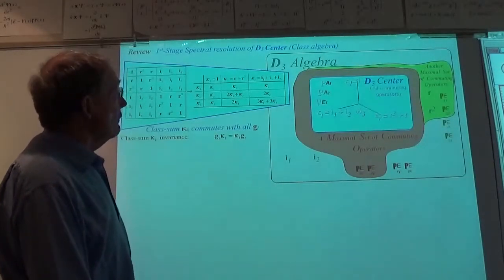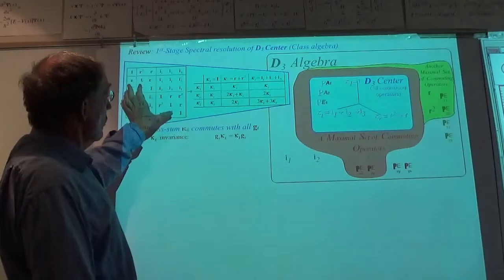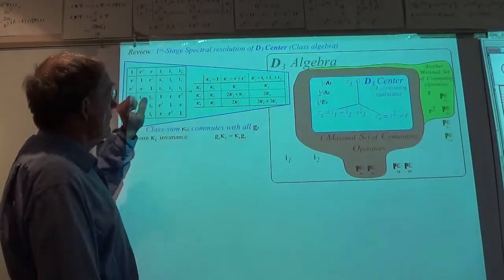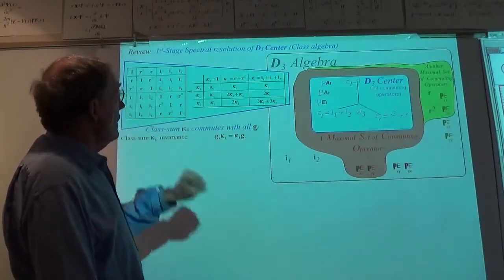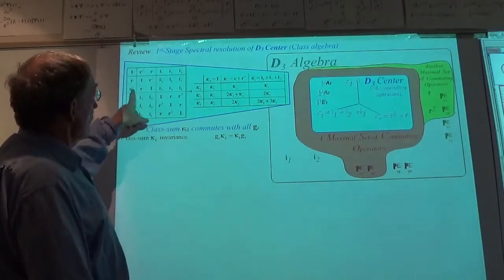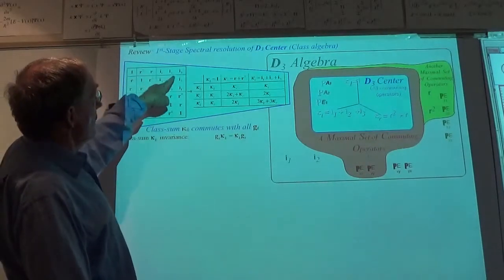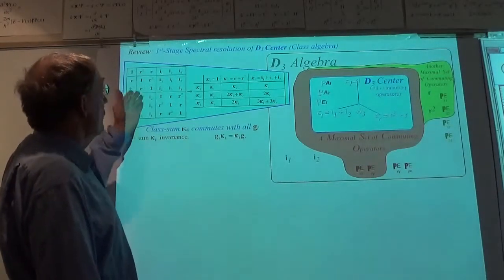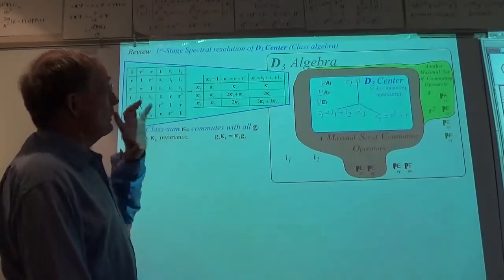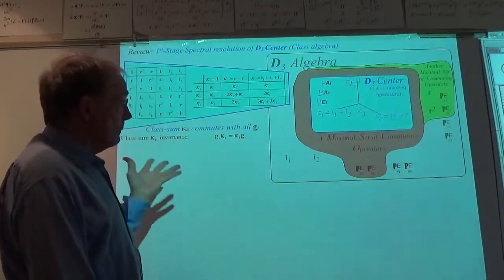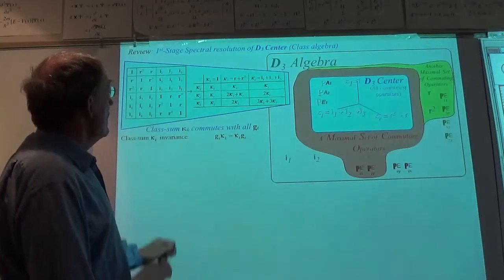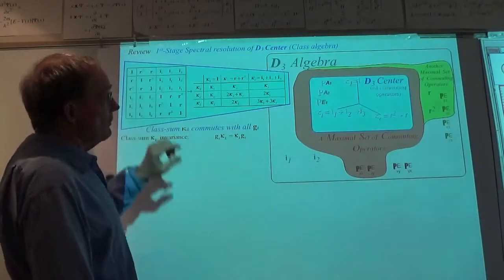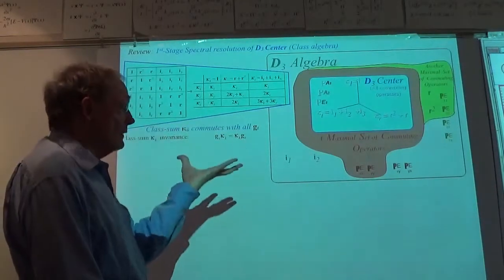Okay, so the idea of the first stage is to take a group multiplication table and boil it down. And by boiling it down, I mean it's assumed you've organized the group table by classes, that is, by elements that look the same with respect to this symmetry. The 120-degree rotations of this symmetry are equivalent.